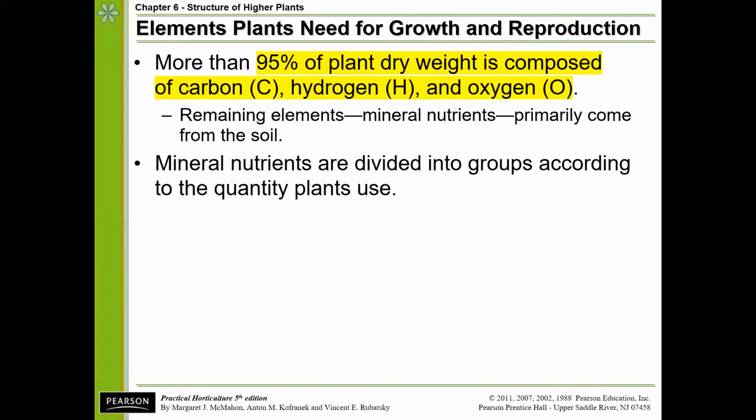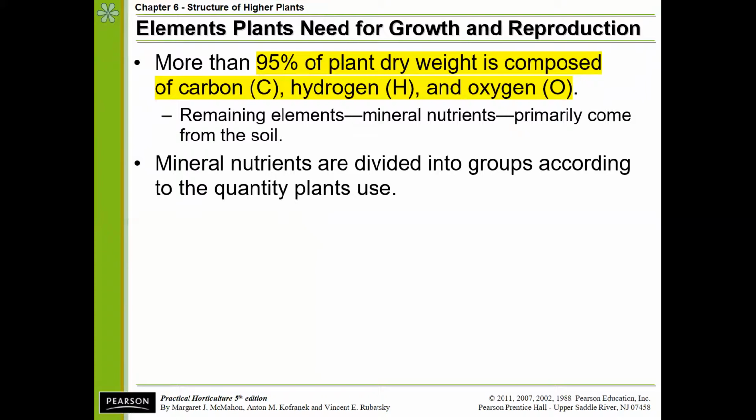So we're not really supplying these to the soil so much as plants are able to naturally get them. However, carbon, hydrogen, and oxygen can be obtained from organic matter. So do note that we can amend the soil to add carbon, hydrogen, oxygen, but that's not really fertilizing per se. It's more amending the soil itself.